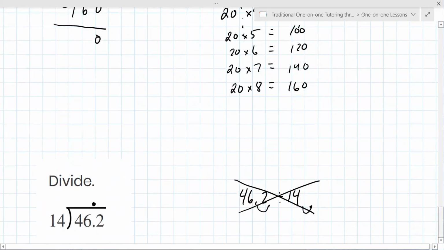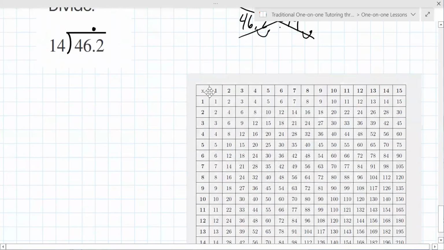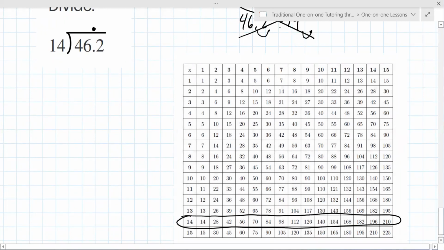You go to your multiplication table, look for the 14 row, and look for 46 in that row. Is 46 in that row exactly? No. But it's between 42 and 56. So you choose the smaller number. What's the smaller number? 3. So it goes in 3 times.